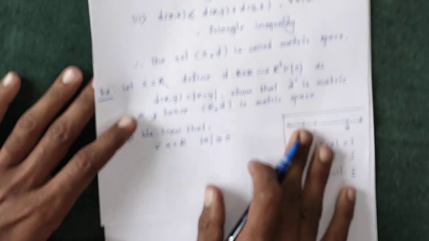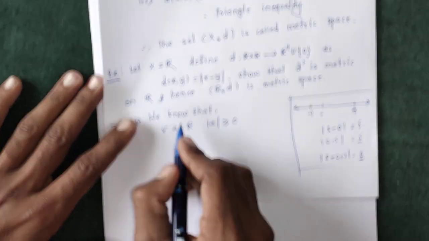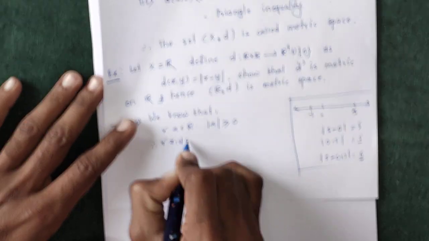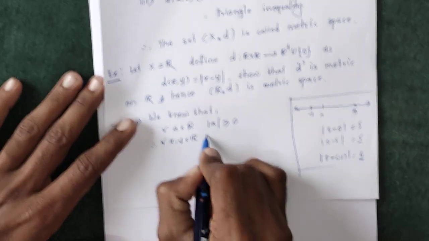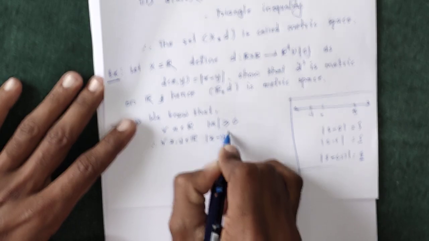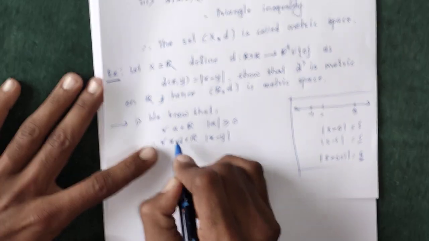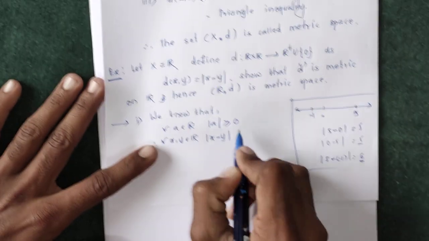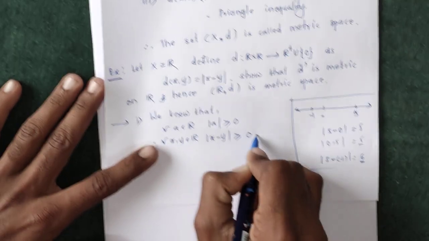So for that, we have mod a is greater than or equal to 0. Therefore, for any x, y belongs to R, consider mod of x minus y. x and y are real numbers, so x minus y, subtraction of real numbers, is again a real number, and we know that the modulus of any real number is greater than or equal to 0.